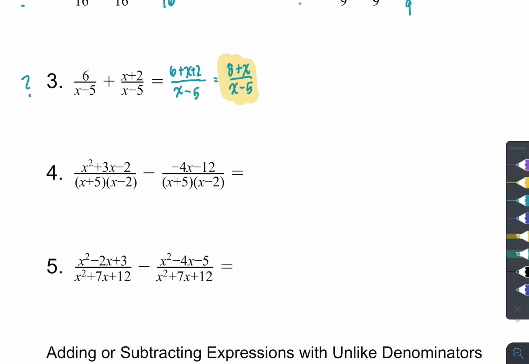All right, 4 and 5 are also really easy, but I'm just going to do these ones for us. So notice that we have subtraction. When we have subtraction, we need to make sure that we distribute the negative through. So what this is, x squared plus 3x minus 2 over x plus 5 times x minus 2 plus, because this is changing it to a negative, positive 4x plus 12.